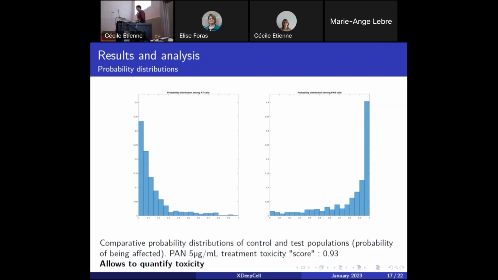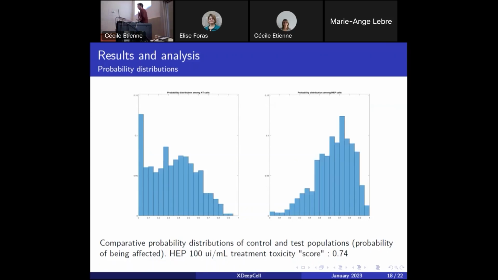But if we take a drug that is less violent, such as heparin, for example, which is also known to be toxic, but less so, we have different distributions where the median probability is lower, and it's only 0.74. So this way, we can quantify the toxicity of a drug. We can give it a score, kind of, to reflect how violent it is for the cells.